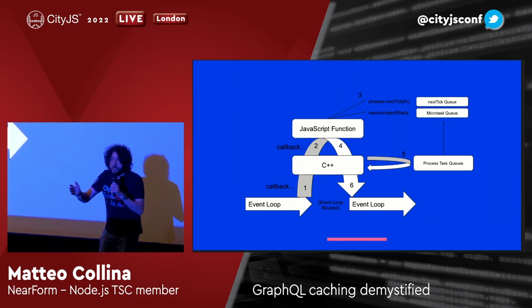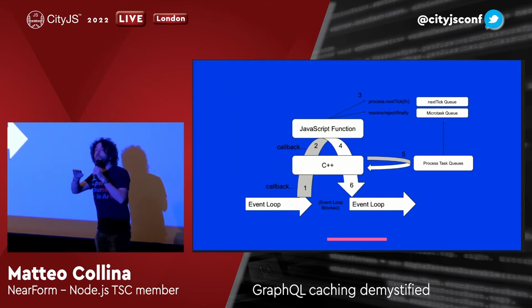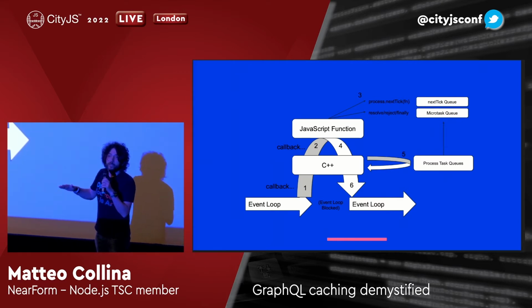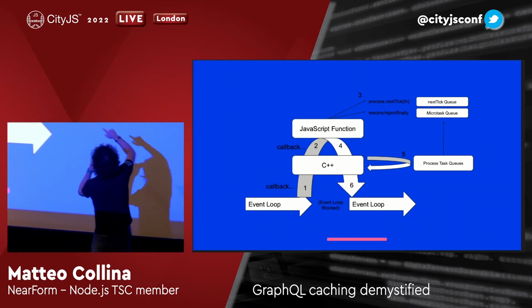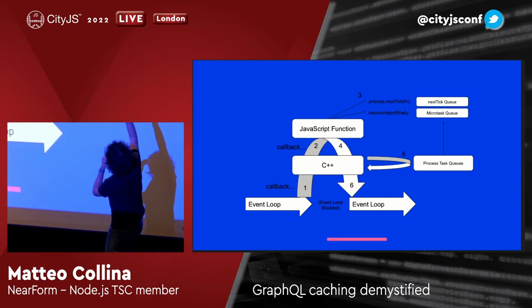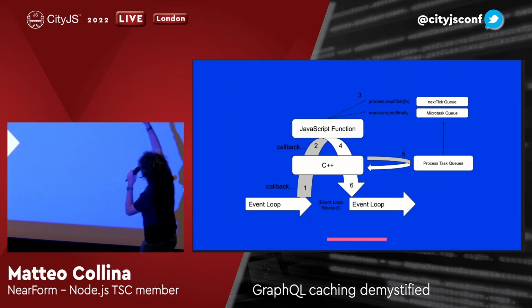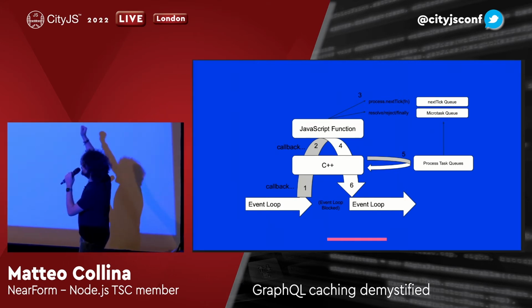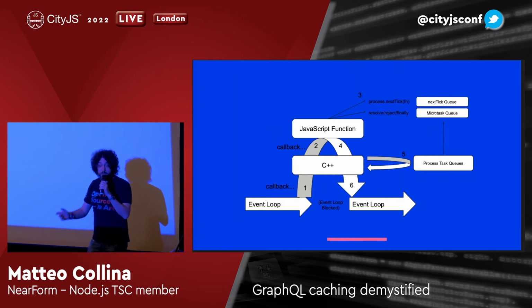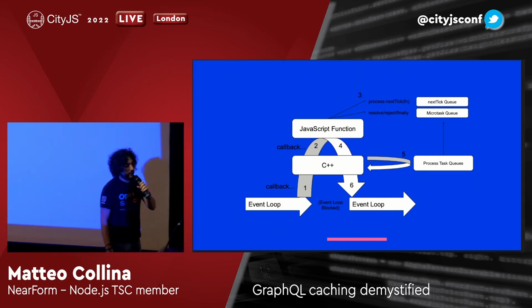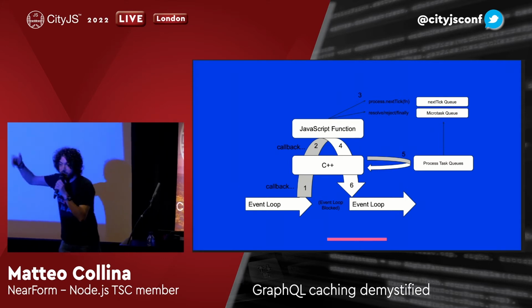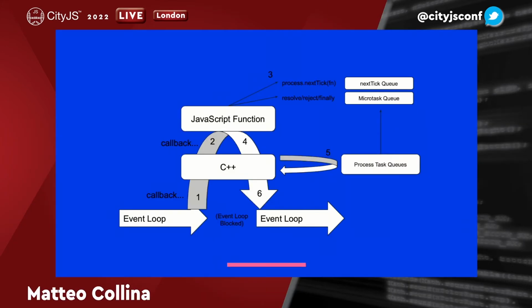Is there still somebody that is anti-promise, anti-async await? No? Okay, you're all gone. Okay, there's only me left. No, I'm joking. It's scheduling some stuff in the microtask queue, some promises, and after all of those are processed, it goes back to the event loop, waiting for the next event, and starts this thing all over again.